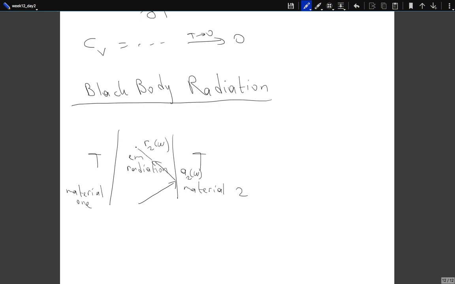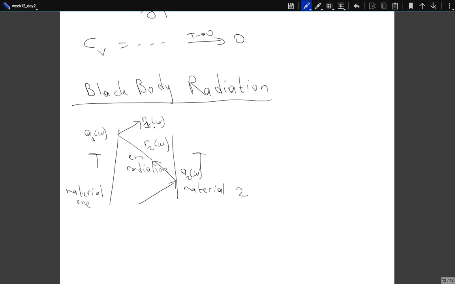And of course, this electromagnetic radiation will also hit the other material, and some of it will again be absorbed. Let's call the fraction that is absorbed A1 omega, and the fraction that is reflected R1 of omega.